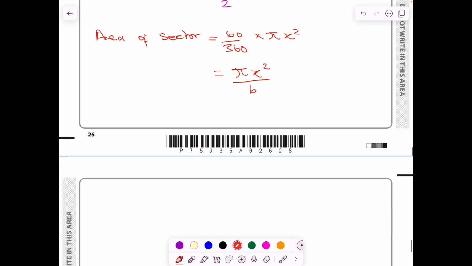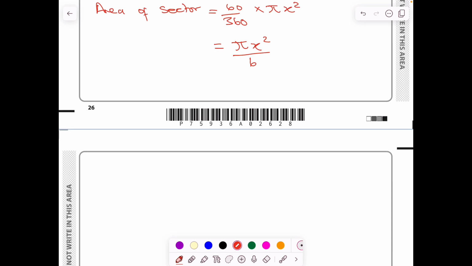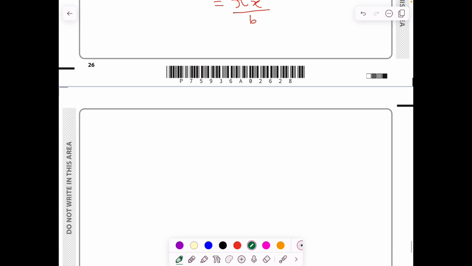To find the shaded part then, just leaving the shaded part, I'm going to have to subtract them. I'm going to have to take the whole triangle, which was x squared tan 60 over 2, and take away the pi x squared over 6. Okay, so I need to subtract those. I think I'm going to keep it like this for now.